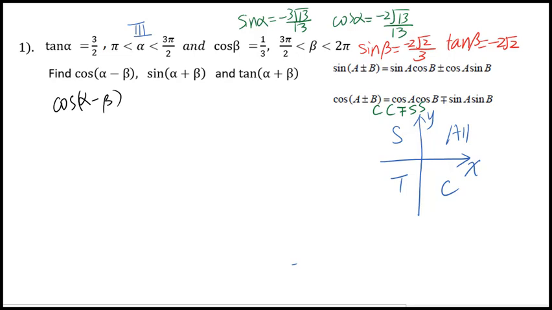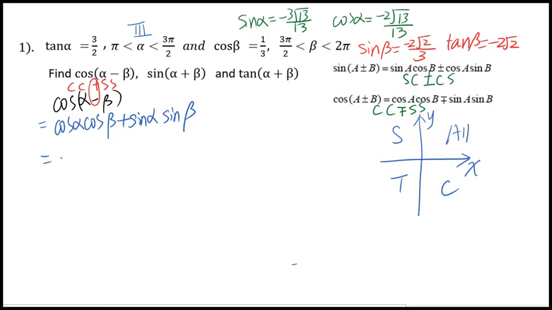For sine A plus or minus B, we can do SC CS, the same sign here. Therefore, for cosine, we will do CC plus SS. The sign will be changed here. Equals cosine alpha cosine beta plus sine alpha sine beta.